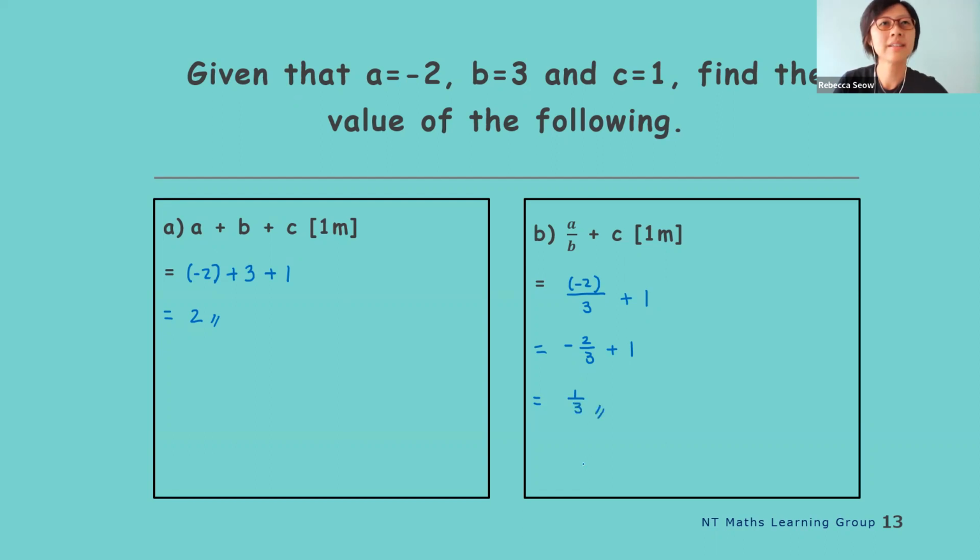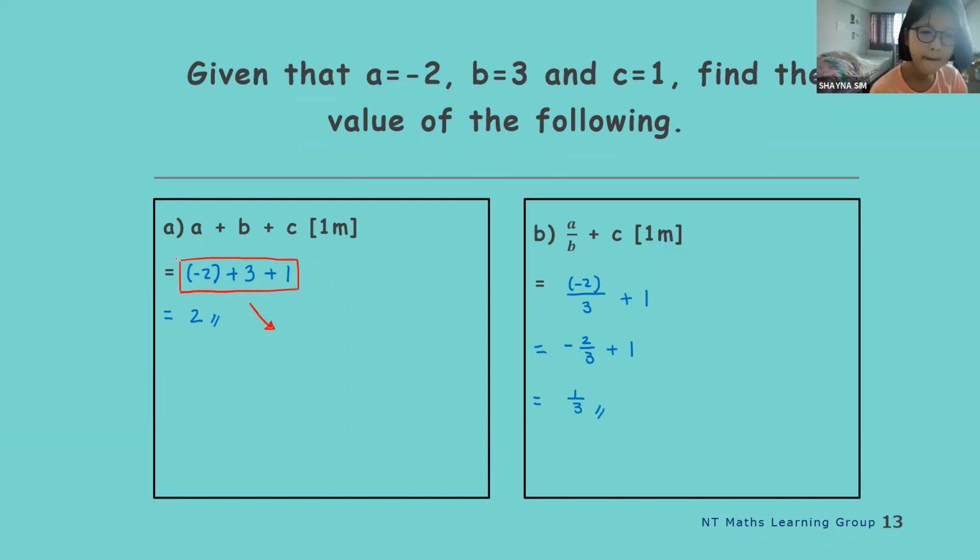But for A, why is the answer 2? Why is it 2? Because the first term here is -2. If I were to remove the bracket, we have to consider what is outside that -2, that sign. If there's nothing, it's always a plus sign.